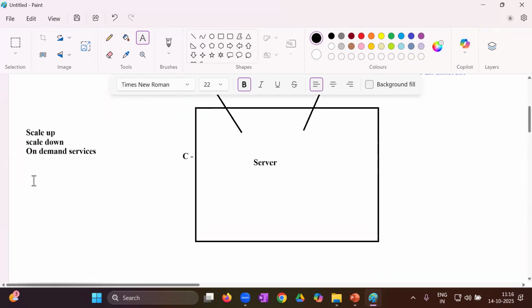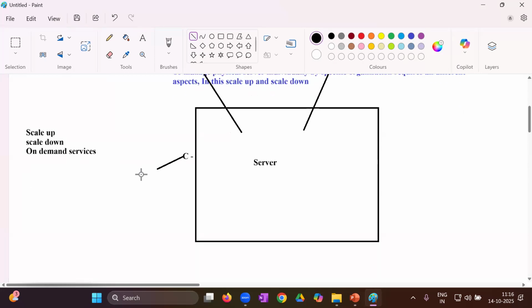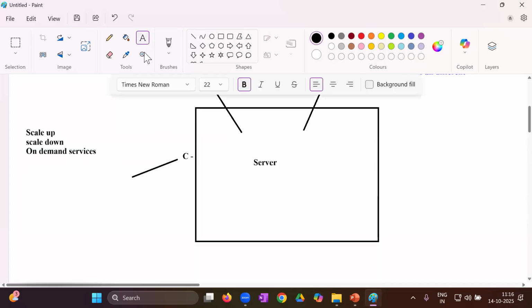Right? So who are these companies? Like I have written here, there is one company C who is going to do all these things. Who is that company C? It can be Amazon Web Services. It can be Microsoft Azure.